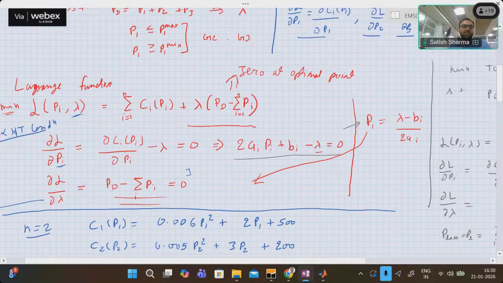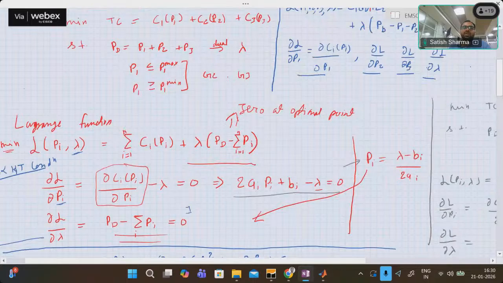We have written the KKT conditions, and this term is also called the incremental cost, or the first order derivative, and by this equation it is equal to lambda, and lambda is defined as the dual variable of the power balance equation. Earlier in the morning I told you that this can be treated like a penalty term, or a penalty coefficient, but the significance is that this is basically an incremental cost.